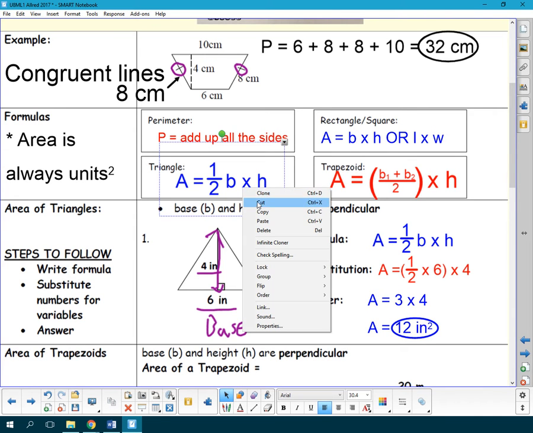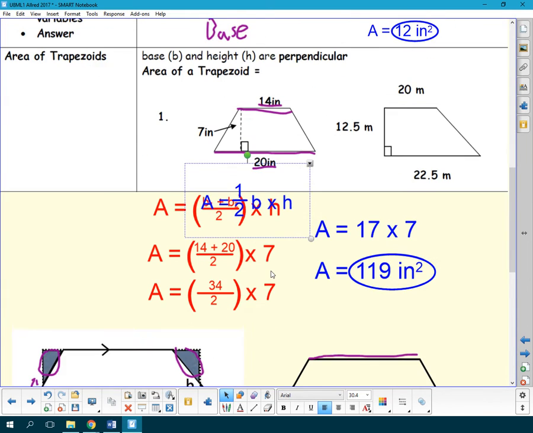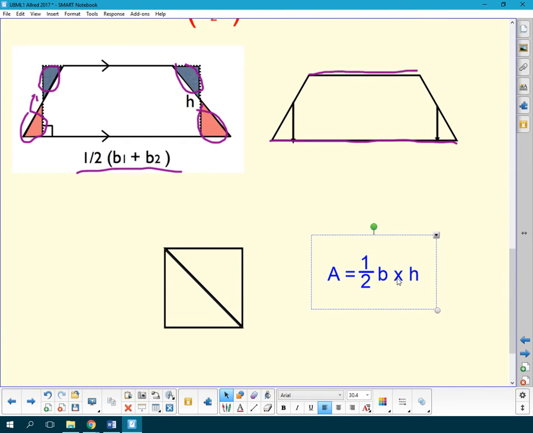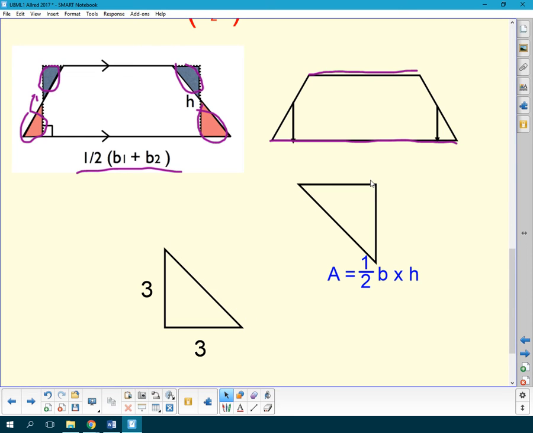And we said that our formula for the area of a triangle was 1/2 base times height. So I can take 1/2 of whatever this base times height would be. If I said these were both 3, then I can do 3 times 3 and get 9. But that would be if it was a whole square, and I only have half that square because I have a triangle. That's why I divide that by 2.